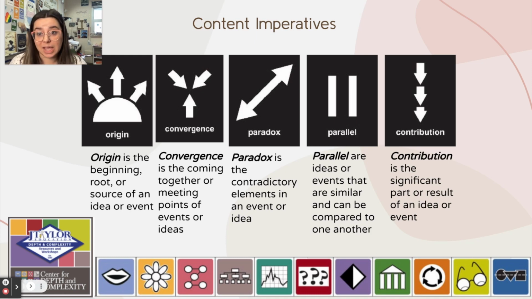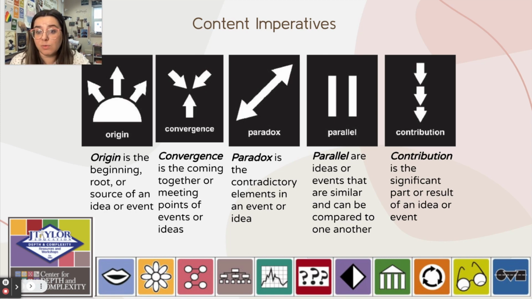I really, really like the content imperatives. I have found they are really applicable, especially in some of my English classes, or when I'm talking about things in history or giving historical context. I found that they enhance the icons, and I use a mixture of them really depending on the topic.